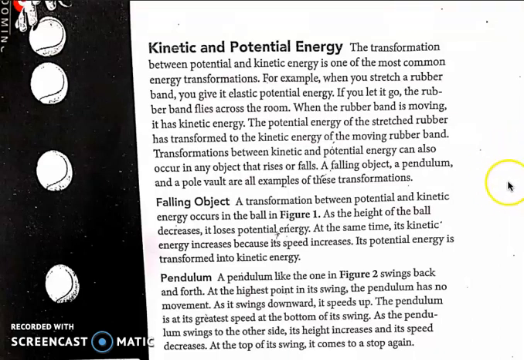So up here it has height and no movement for a brief second. As it swings downward, it speeds up. The pendulum is at its greatest speed at the bottom of the swing. As the pendulum swings to the other side, its height increases and its speed decreases. At the top of the swing, it comes to a stop again.